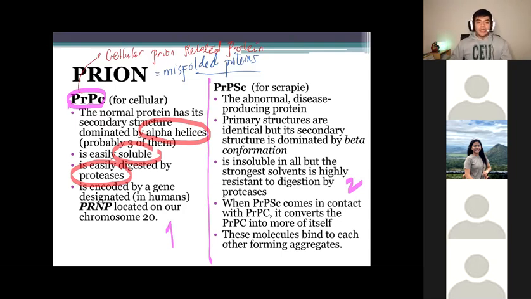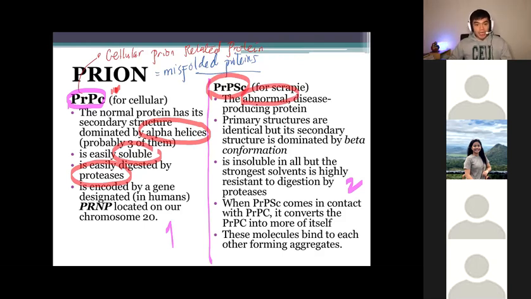Now, if proteostasis is not well maintained, chances are this normal PrPC could become PrPSc. Okay, PrPSc. Ang PrPSc ito naman yung abnormal prion-related protein. Abnormal siya, kaya nakalagay abnormal because it is the one that can cause encephalopathy.